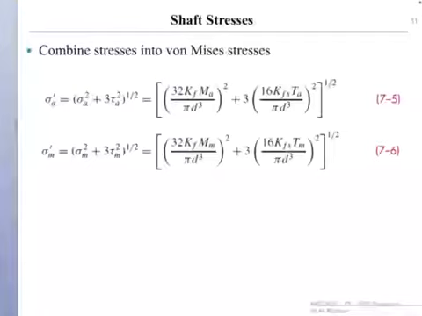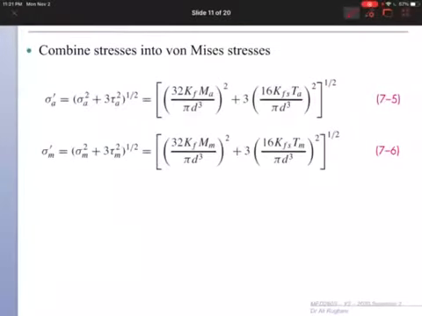You learned previously that whenever you have normal stress and shear stress together, you need to combine them in one term. How to combine them? If you remember, distortion energy theory suggests that we use sigma von Mises.